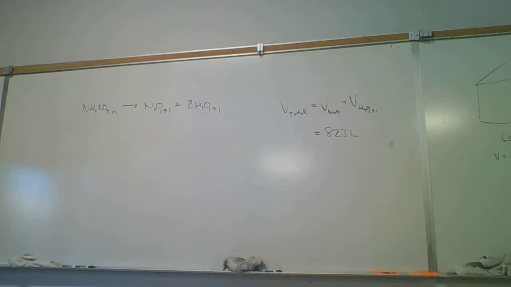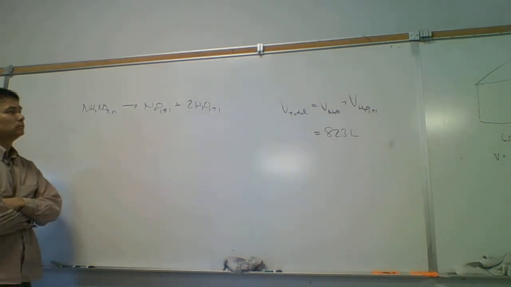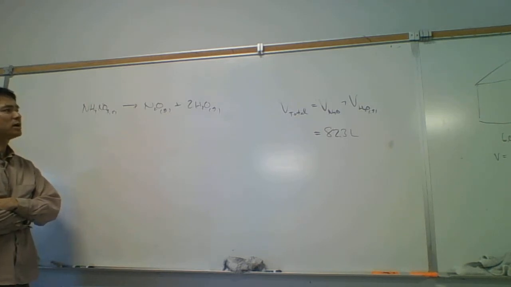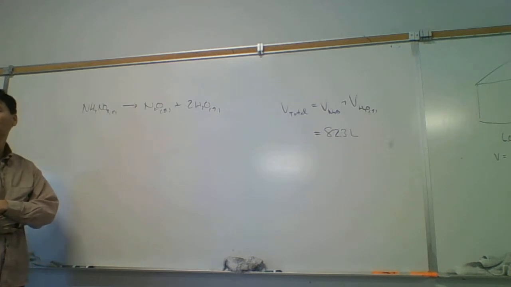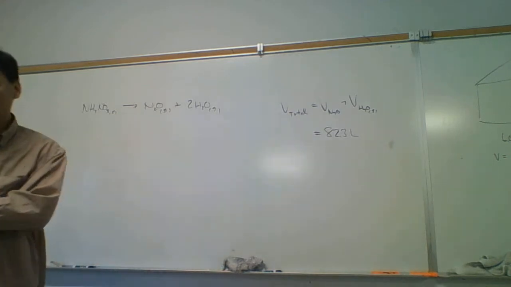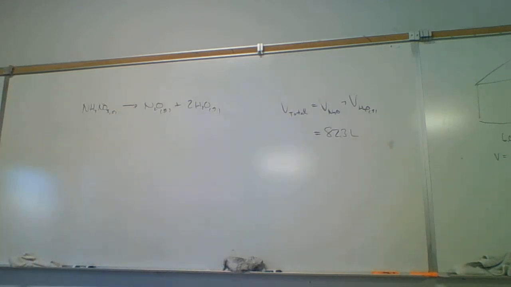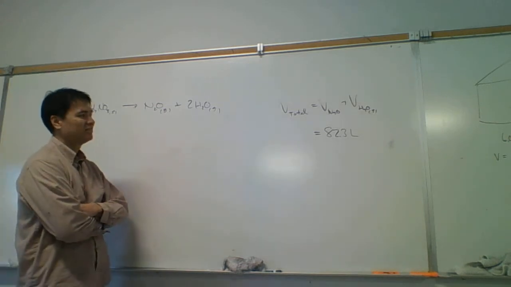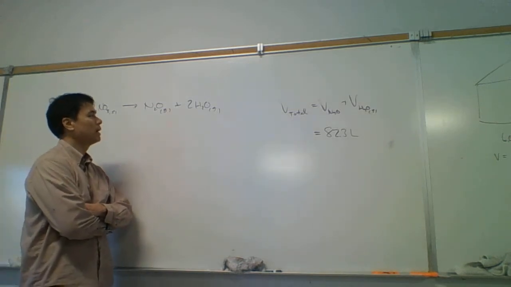Now we're going to use Avogadro's law to figure this out. How much of that 82.3 liters is nitrous oxide and how much of it is steam? This goes back to Max's earlier question about the neon versus the helium. In this case, we don't really worry about that.